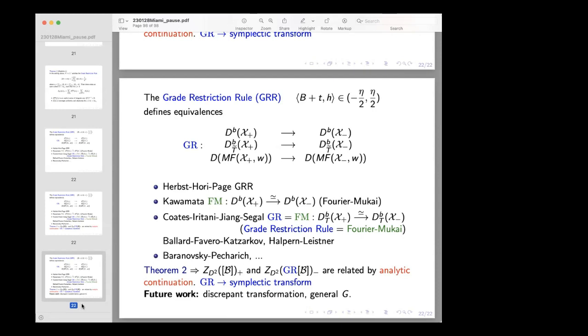And this gives the symplectic transformation in the zeta wall crossing.